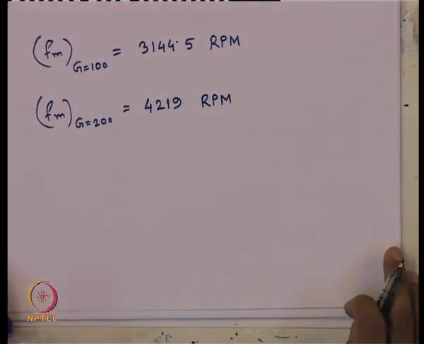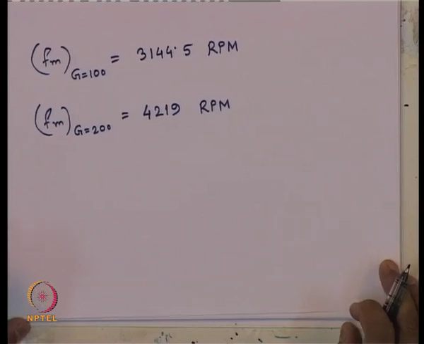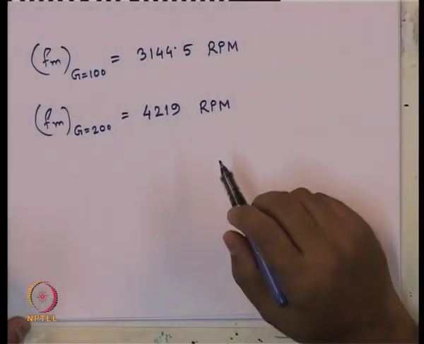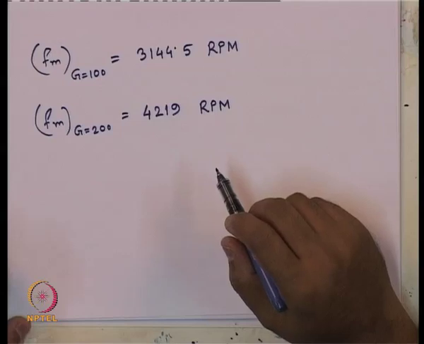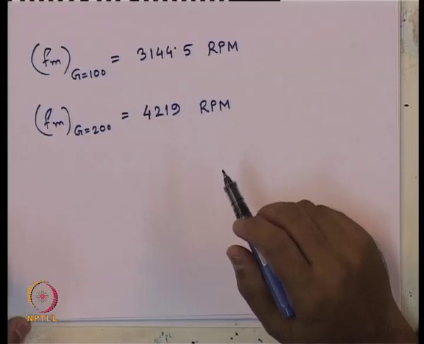So, what comment can we provide here as a designer? That the resonant frequencies for all the 3 different types of soil are far away from the operating frequency given by the manufacturer of the machine, that is 1500 RPM.